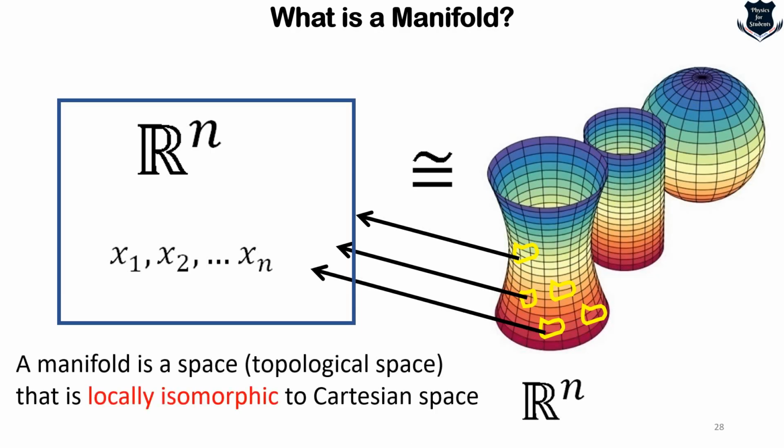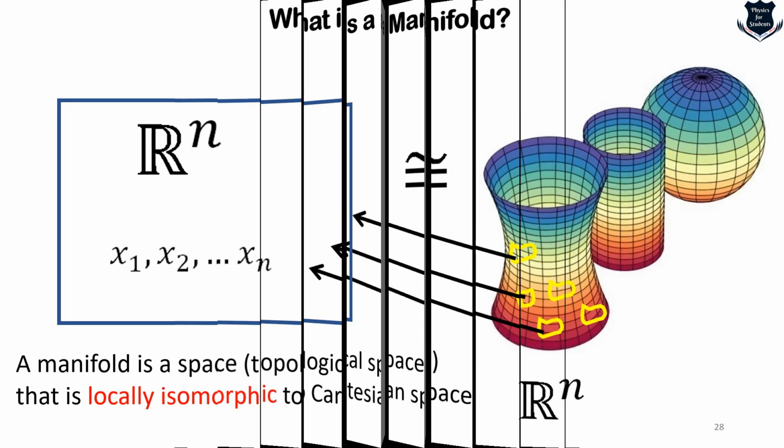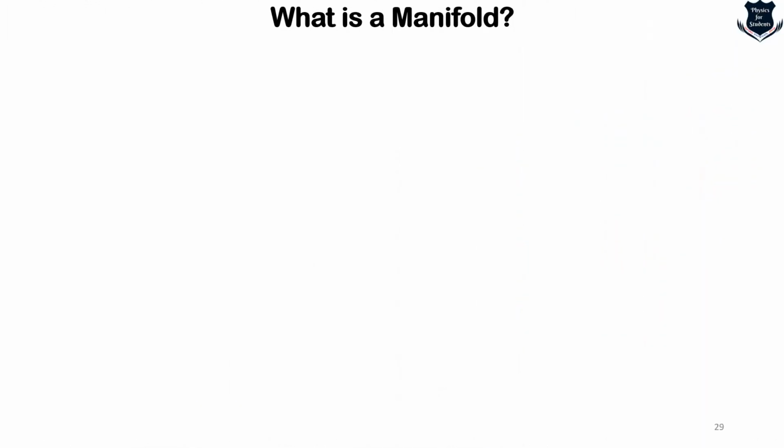So we get a definition: a manifold is a space, avoiding the term topological space, that is locally isomorphic to a Cartesian space. Obviously the box is a Cartesian space, and this is just locally isomorphic, because if I take those yellow boxes and zoom, I can apply the rules of calculus, and so we get what is called a manifold.